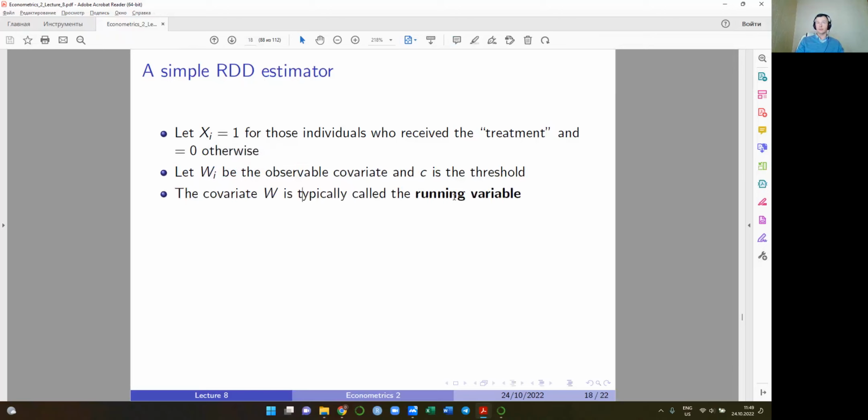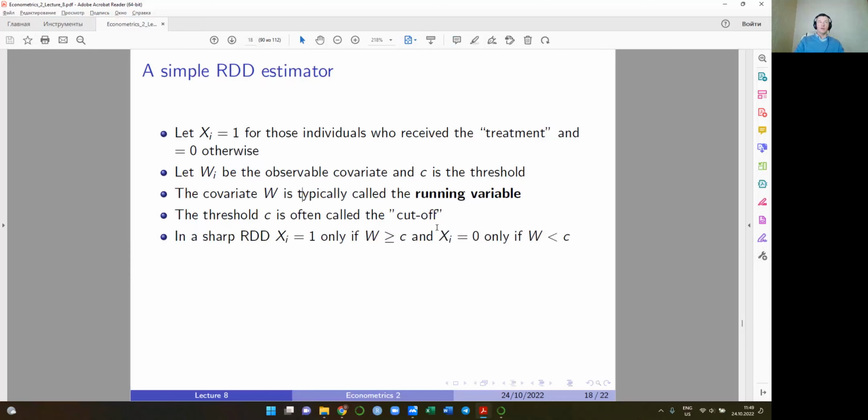This variable is called the running variable, and c is sometimes called the cutoff. So in sharp RDD, x_i is 1 if w exceeds the threshold, or less than the threshold, depends. And x is 0 otherwise.